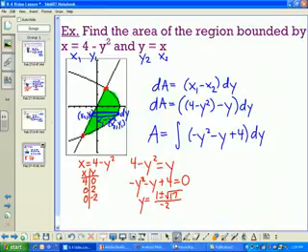Those look like they're around 1.5 and negative 2.5. You can check those. Now for this one, it's important that you get which one would actually be the bottom one.